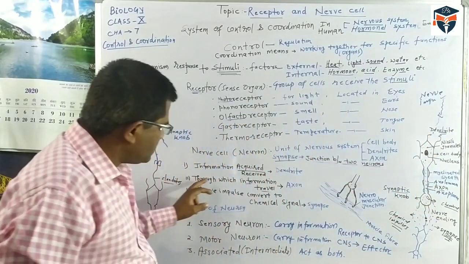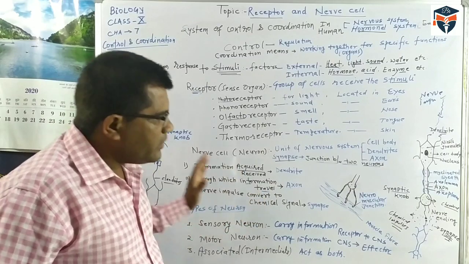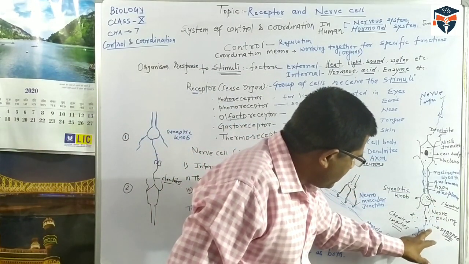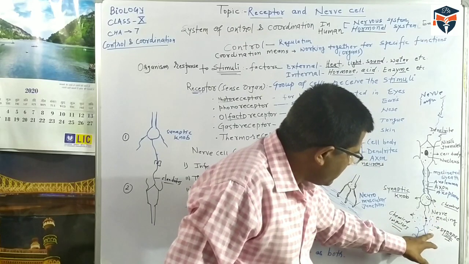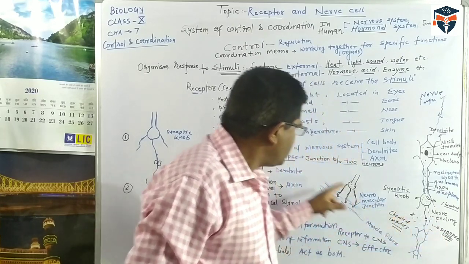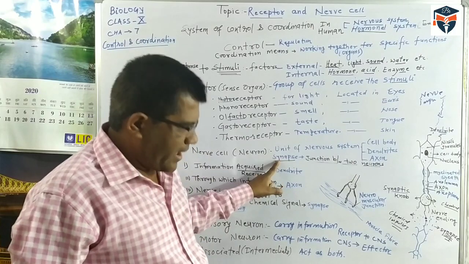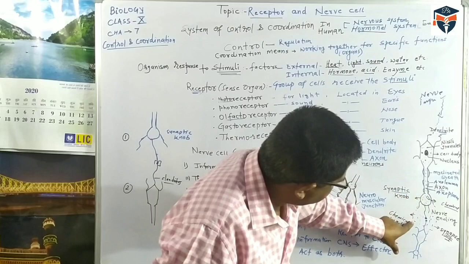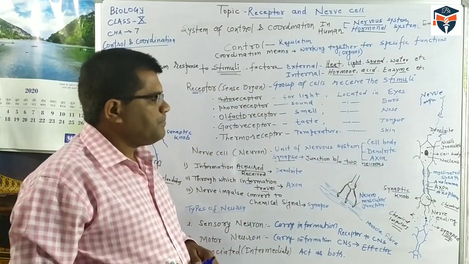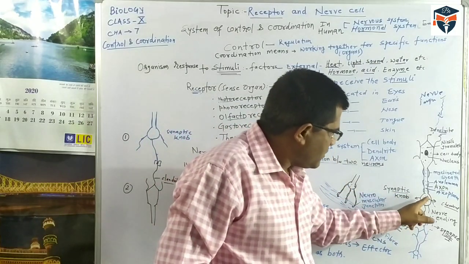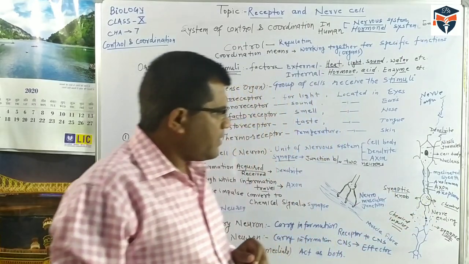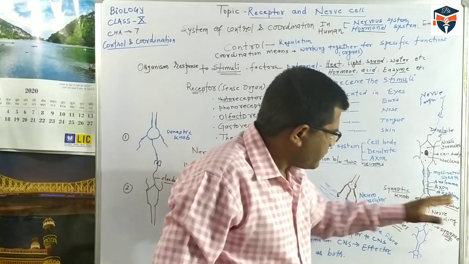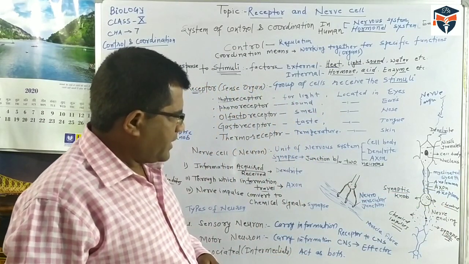Again, understand: dendrites receive the information, the axon passes or travels the information, the nerve ending and dendrites of the other neuron are connected, and that junction is called the synapse. In this synapse, the nerve impulse is converted into the chemical impulse, because at the synaptic node the neurotransmitter chemical is secreted.